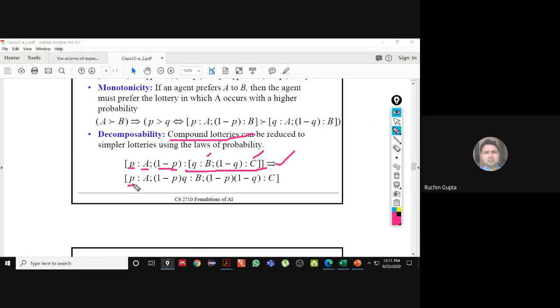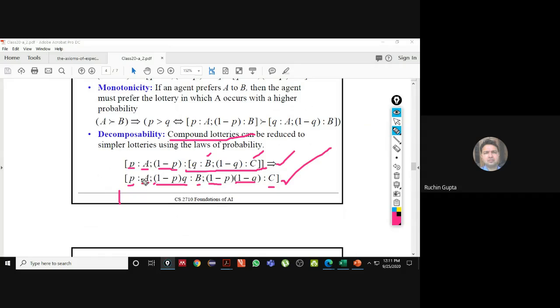Probability P associated with A, 1 minus P multiplied by Q associated with B, 1 minus P multiplied by 1 minus Q associated with C. So this is the simple lottery.